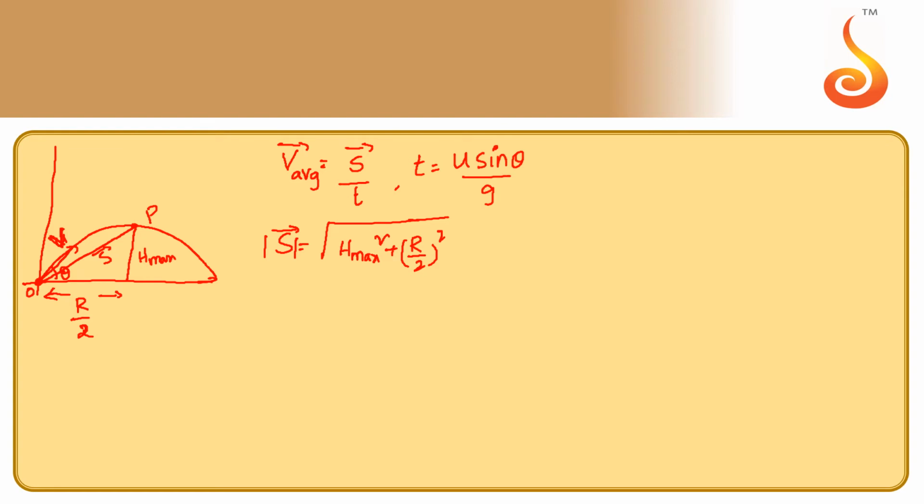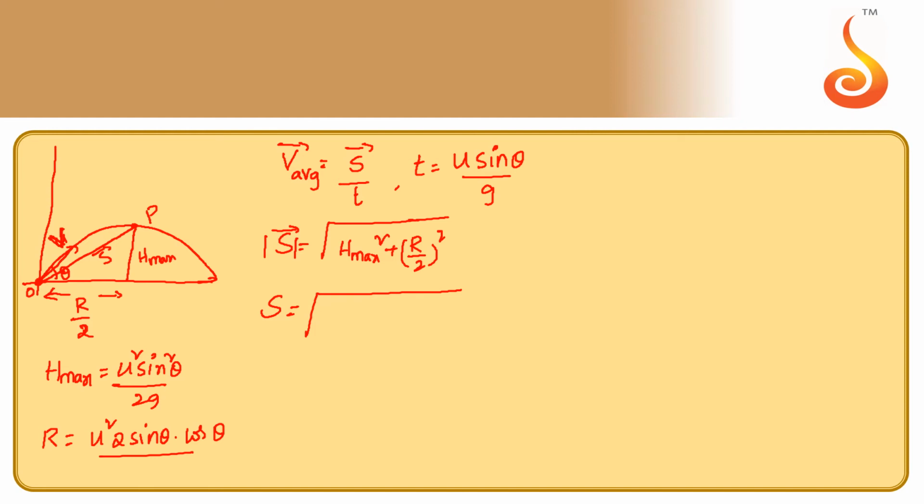Okay, so let us substitute these two values in the V average. For that, first let us calculate the displacement. So displacement is equal to h max. We know that h max is equal to u square sine square theta by 2g, and range is equal to u square 2 sine theta cos theta by g.